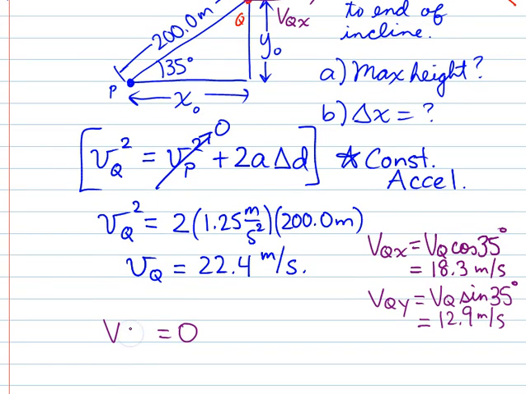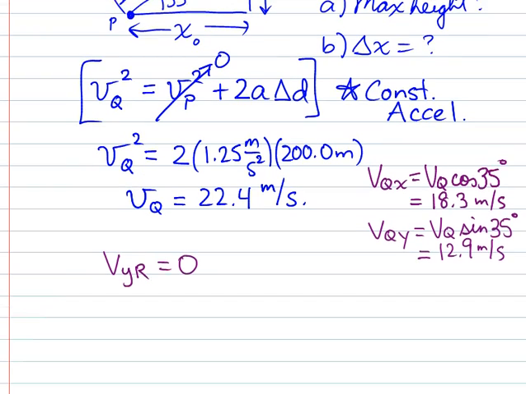Sorry, I wrote those backwards. And so what we can do with this is use our velocity equation that says VYR is equal to VYQ plus AT. Well, that would be lovely if we knew what the time was to get to the top.